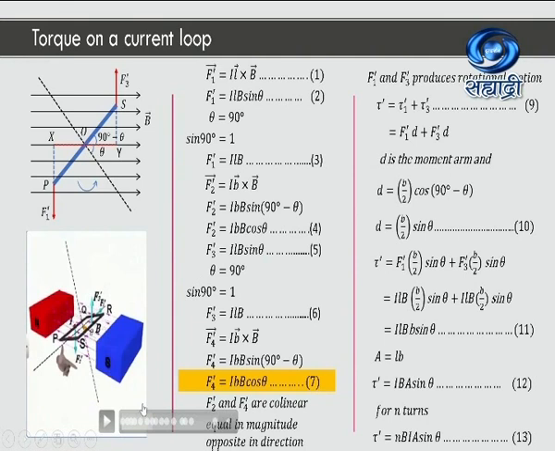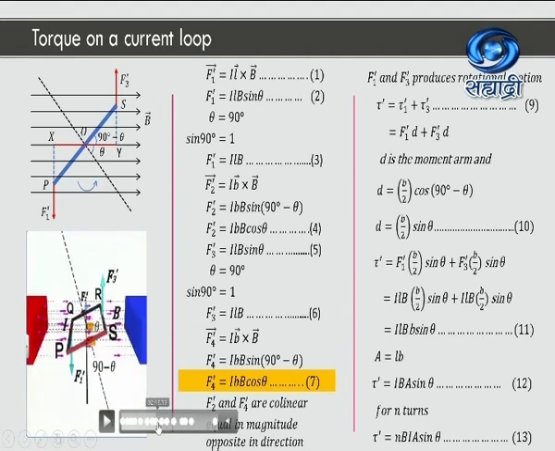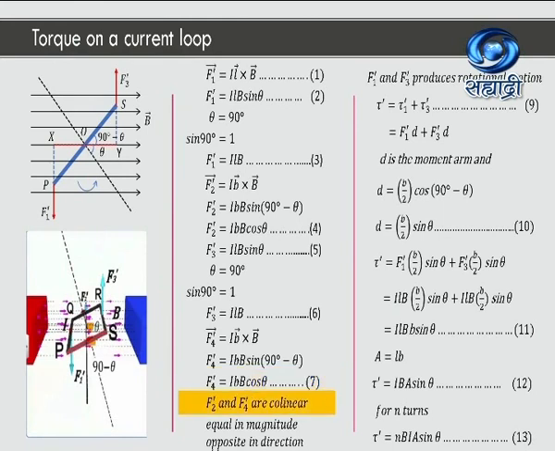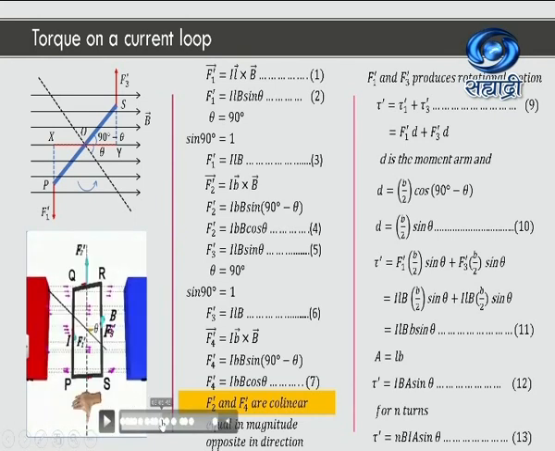Its direction is again given by the right hand rule. You can see that the right hand rule suggests that the direction of force F4 is towards us, outside, equal to that of F2 dash, but opposite in direction. These two forces, F2 dash and F4 dash, are collinear, equal in magnitude, and opposite in direction.